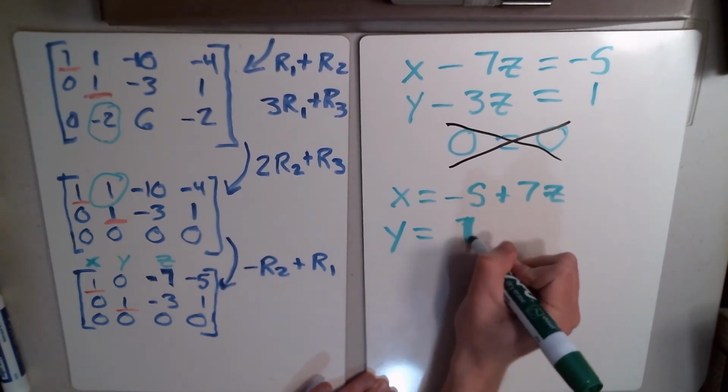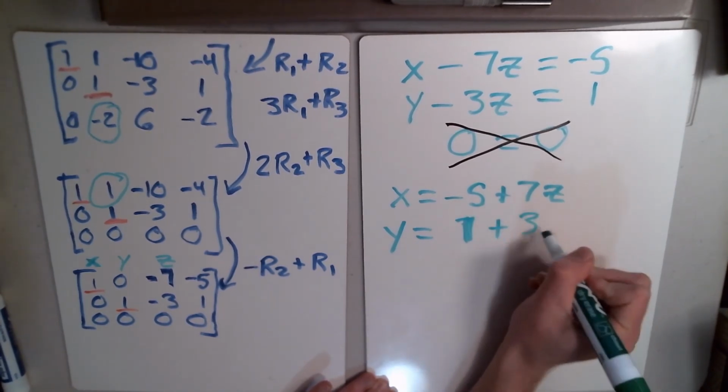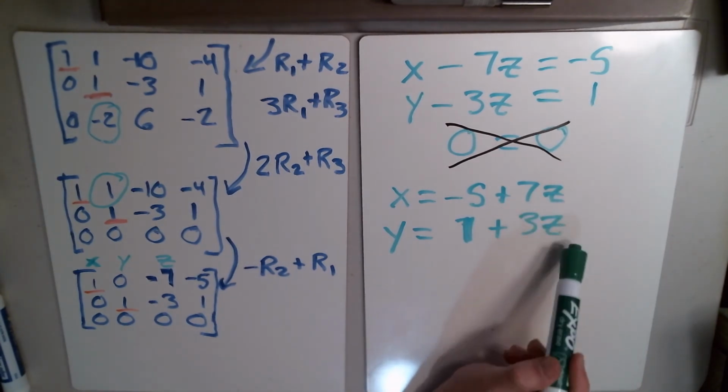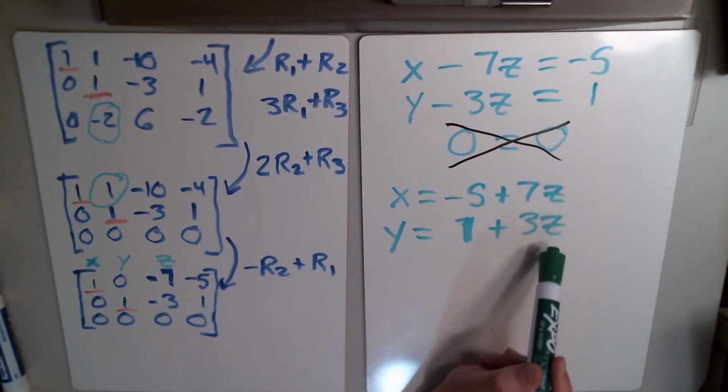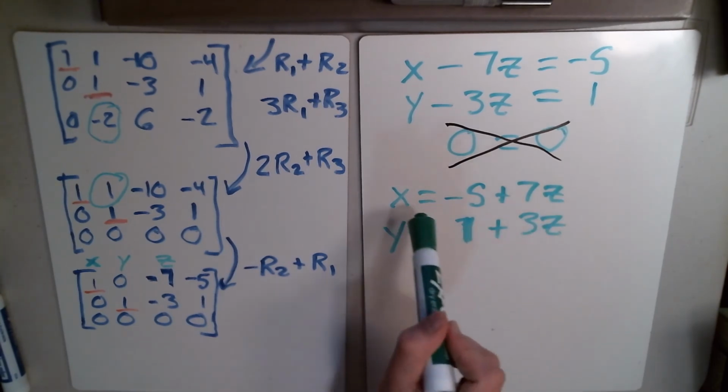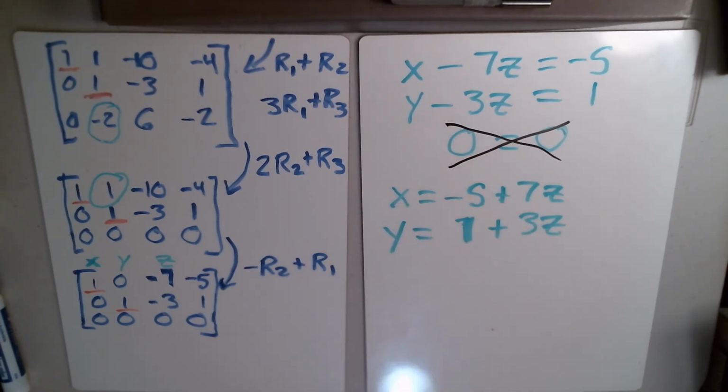Well, a 1 still, and then plus 3z. And so you can see whatever value of z you pick, you can pick any value of z that you want and plug it into these equations and get a solution at that z.